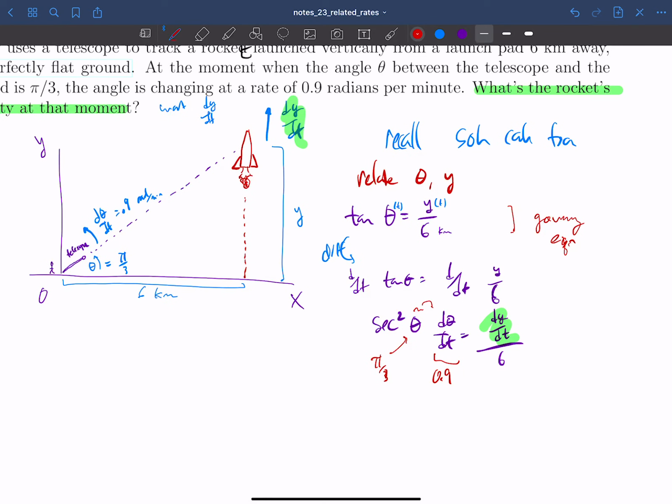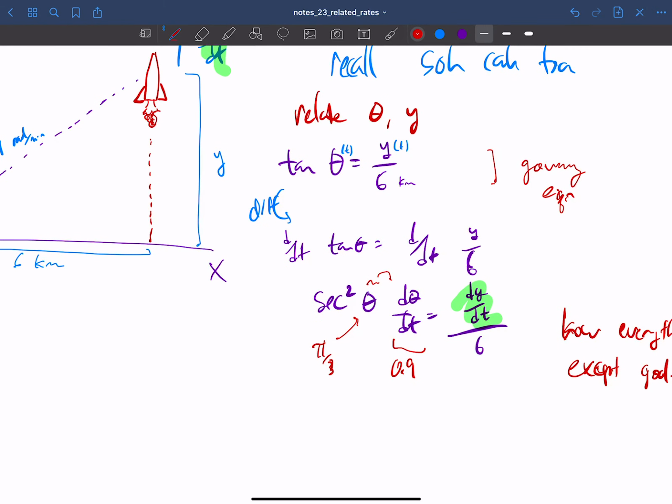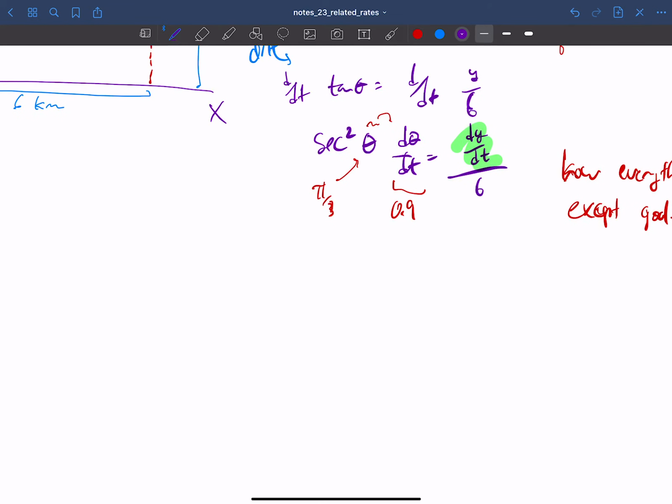So I know everything except the goal. Well, that's good, because if I didn't know something, then that'd be a problem. Sometimes it might look like you don't know something, and then you might have to go use the governing equation to figure out what it is. So we are really close now. I'm just going to plug everything in that I know, and I'm going to solve for dy/dt.